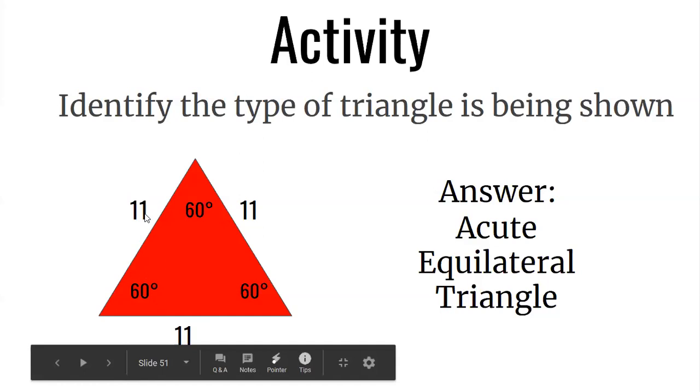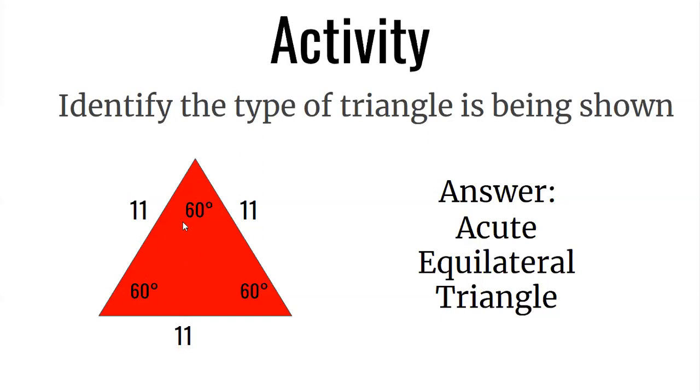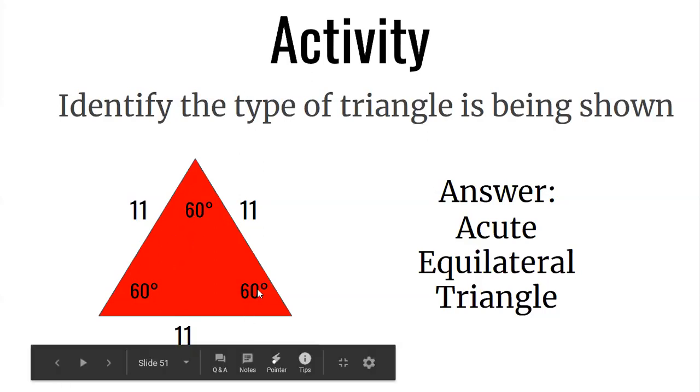And the opposite way around too. If the sides are all equal, then the angles in the triangle are all equal. So an equilateral triangle always has a 60-degree angle for each of its angles.